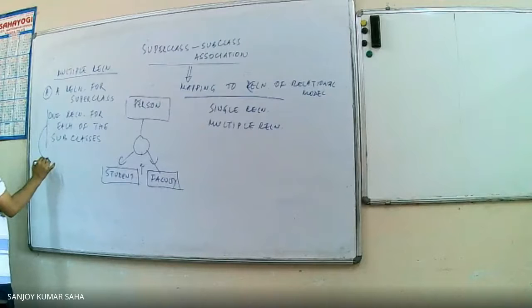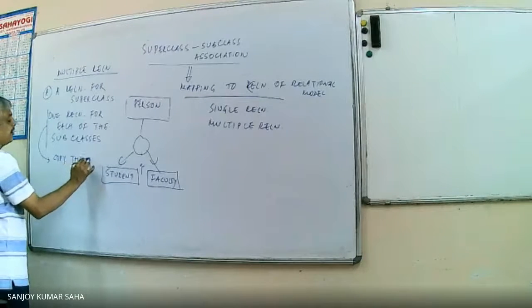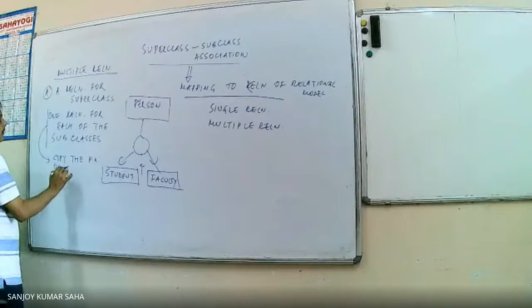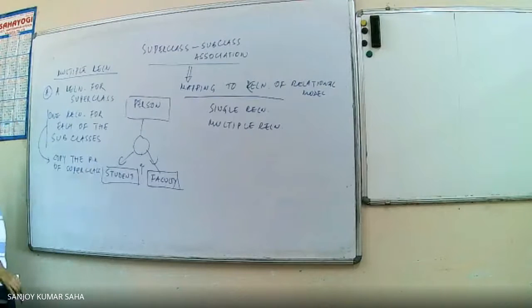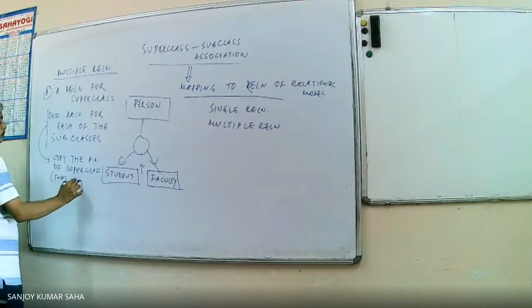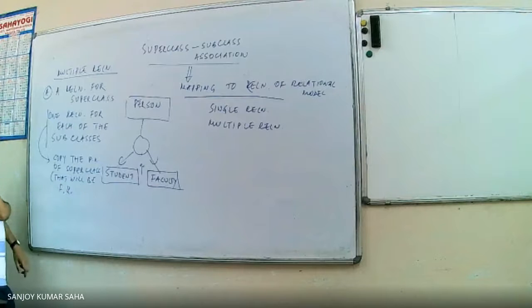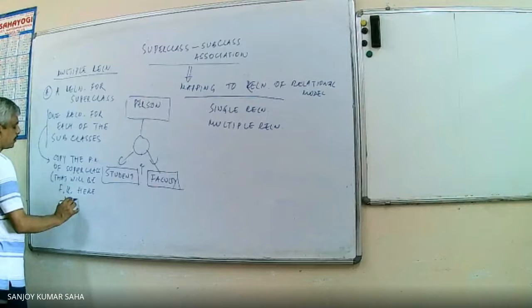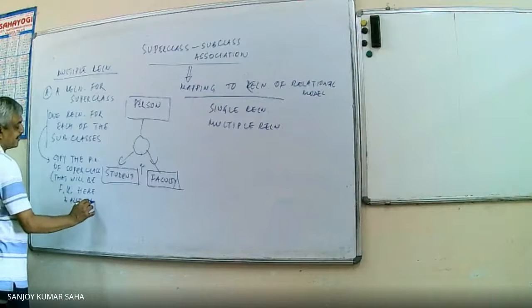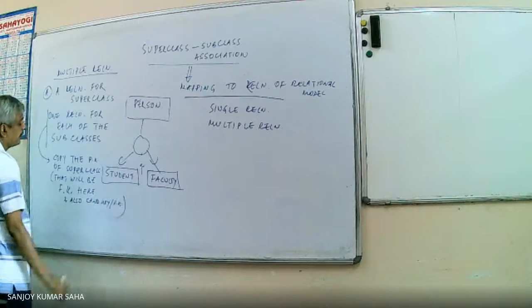Then in the subclasses it will copy the primary key of the superclass, that will be a foreign key here, and also it is a candidate key or maybe primary key.